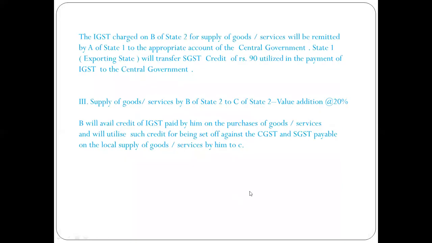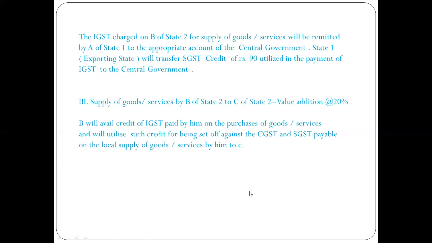The IGST charged on B of state 2 for supply of goods or services will be remitted by A of state 1 to the appropriate account of the central government, and state 1, the exporting state, will transfer SGST credit of rupees 90 utilized in the payment of IGST to the central government.